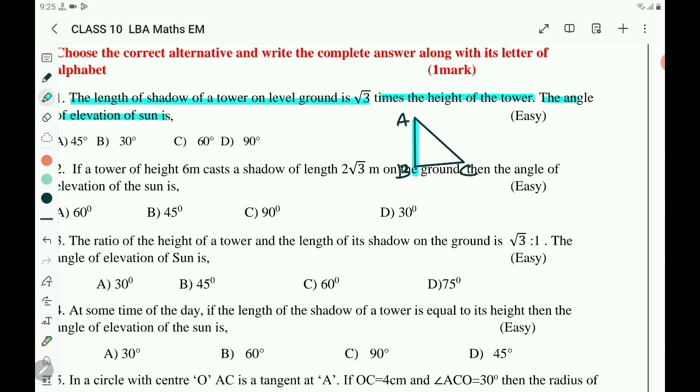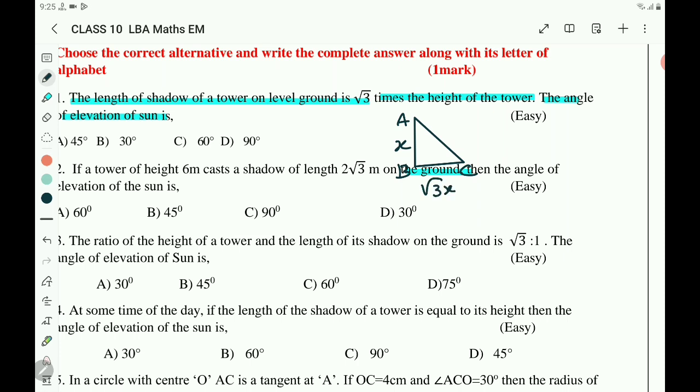Here the length of the shadow, BC, is root 3 times the height of the tower. So if AB is equal to x, then BC is equal to root 3 x.